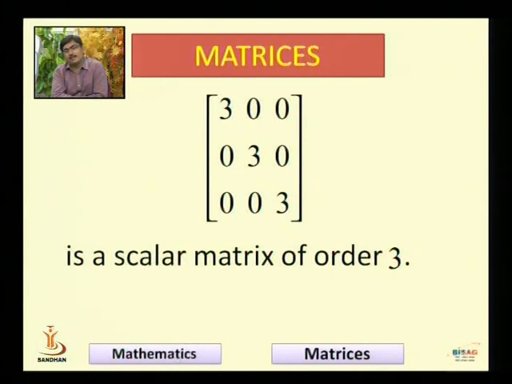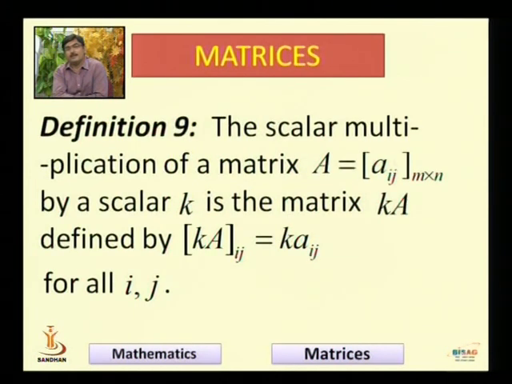It is a square matrix of order 3. Apart from being a diagonal matrix, all the elements of the diagonal are equal. So, it falls into the category of what we have just now defined as a scalar matrix. So, what is so good about this scalar matrix? We will see in a moment.